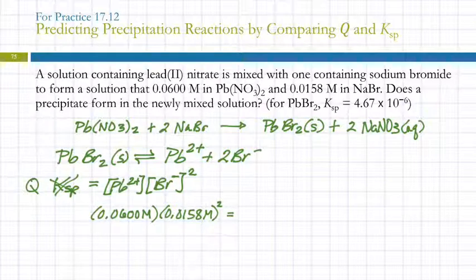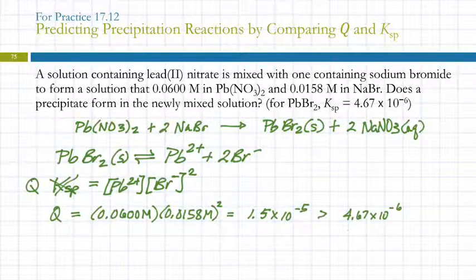And then we calculate that. So 0.06 times 0.0158 squared gives 1.5 times 10 to the minus 5. So that's Q. How does that compare to KSP, which is 4.67 times 10 to the minus 6?